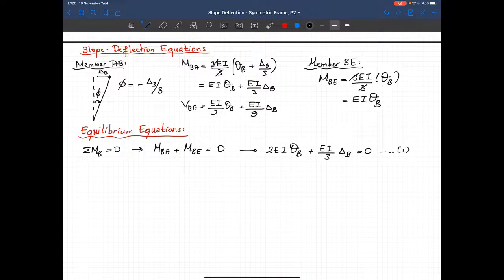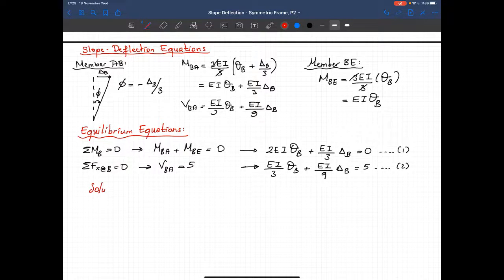Then, sum of forces in X at B must be equal to 0. This tells me that the shear force should be equal to 5. And my second equilibrium equation is EI over 3 theta B plus EI over 9 delta B should be equal to 5. That's my second equilibrium equation.